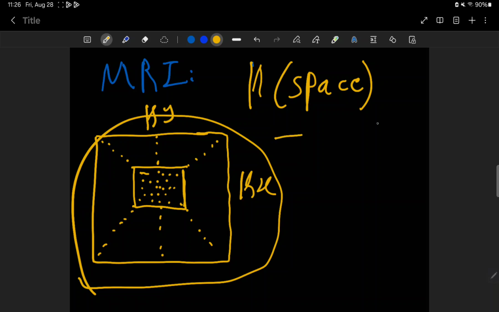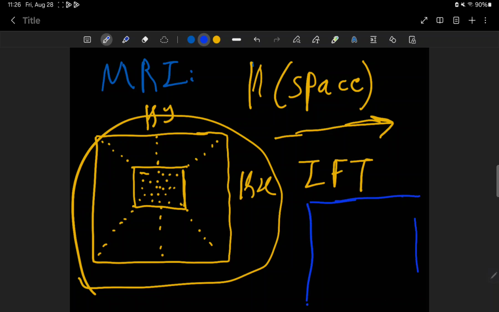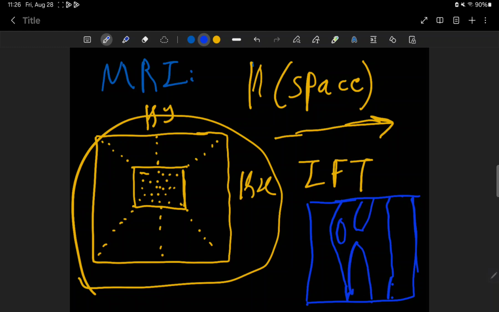But as a human, as a radiologist, for example, that does not make any sense. So I want the Fourier transformation to convert it into an image. So I apply the inverse Fourier transformation, and I end up with something like this. For example, this is a leg, this is the knee, two bones.